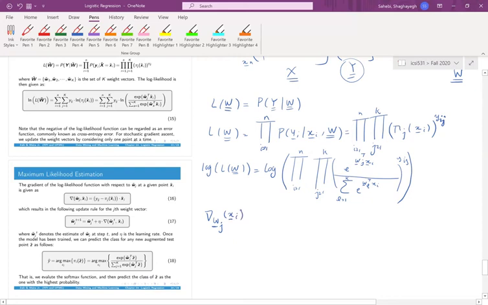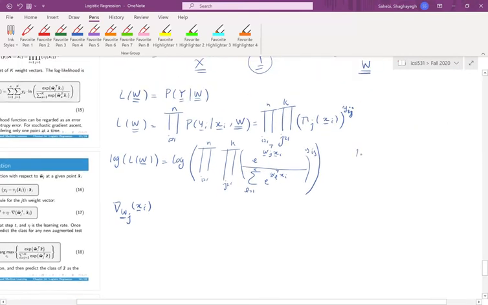Okay, at data point xi, because we are going to do stochastic. If we wanted to do batch, what we would have done was to take the gradient with respect to w, which was the gradient of ln of w with respect to w.